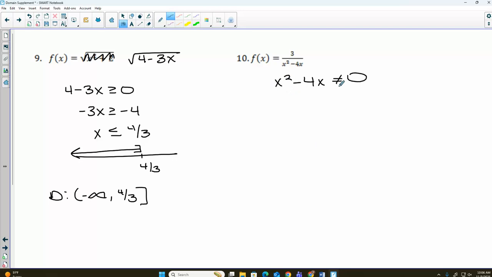If it were x squared minus 4, we could. What can I take out of both of those? Okay, so now it's factored. So now can you tell me what can x not be?